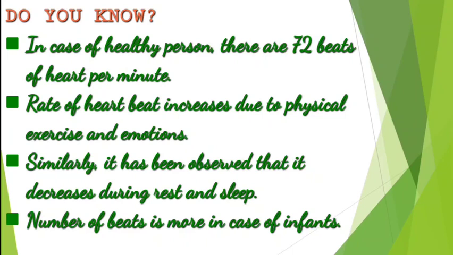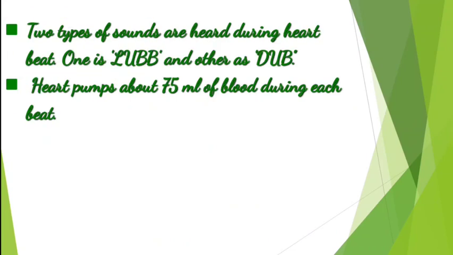The number of beats is more in the case of infants, when we compare an infant with an adult. Now next, two types of sounds are heard during the heartbeat.